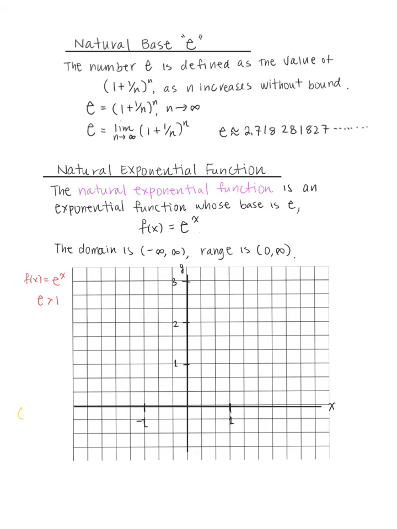Now recall those key points when the base is greater than 1. Those key points were when x is negative 1, y is 1 over a, and then 0, 1, and then 1, a, if a is greater than 1. So in this case, our a is e. If I want to graph this out, at x equals negative 1, I need to plug in 1 over e for the corresponding y value.